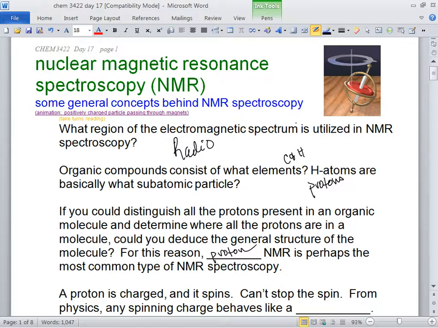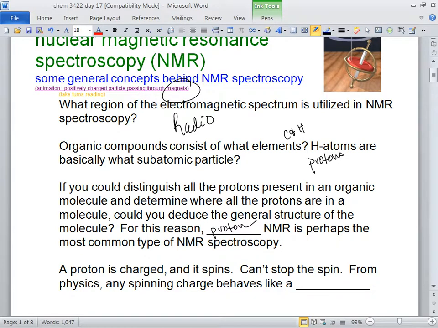Okay, keep going, Andy. From physics, any spinning charge behaves like a magnet. You had a hint in the movie: you had the spinning charge, and notice how it got moved around by the magnets. So magnets essentially push around other charges.